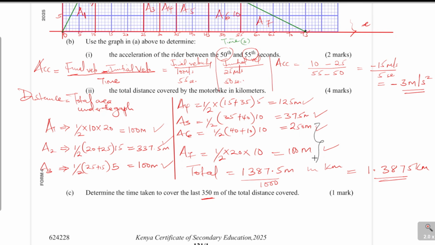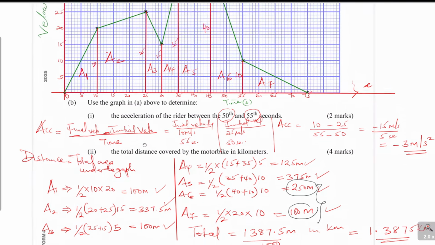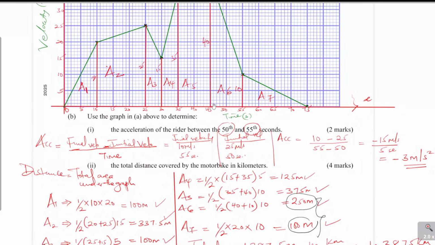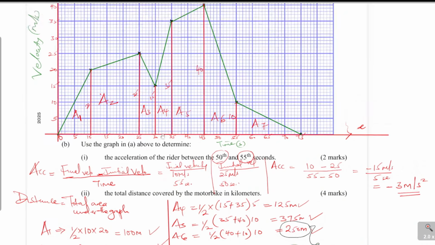Look at these two: 250 plus 100 gives 350. The 250 is given by area 6 and the 100 by area 7. That is what is going to give us the last 350.